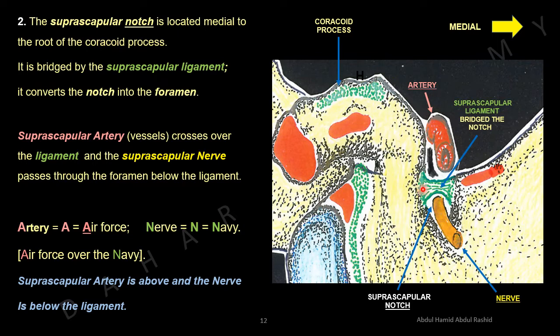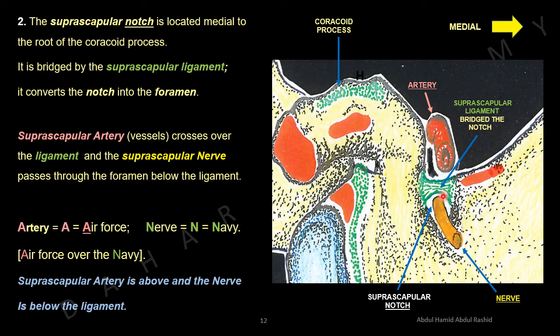We are going to continue the superior border of the scapula and the structures in it, that is the coracoid process and suprascapular notch. The suprascapular notch is just medial to the root of the coracoid process. It is bridged by the suprascapular ligament and becomes the suprascapular foramen. So at first the notch, because of this ligament, becomes the suprascapular foramen.